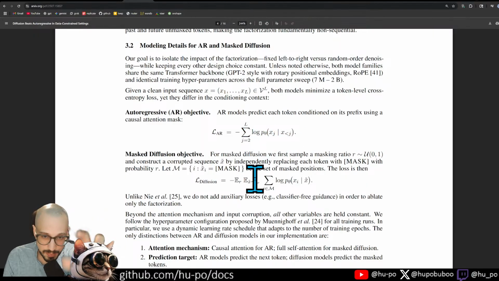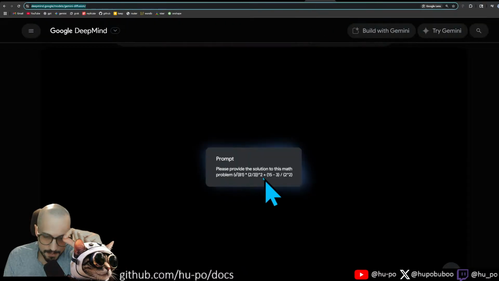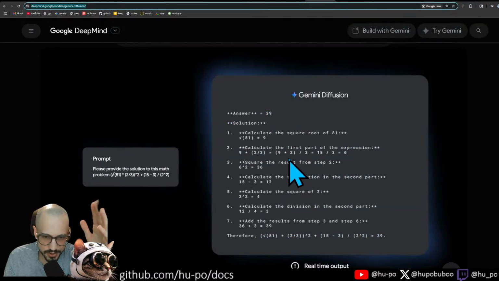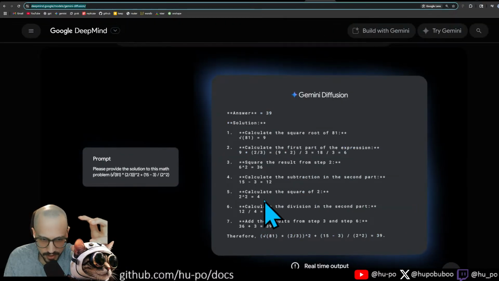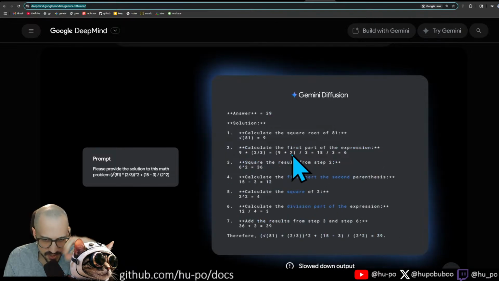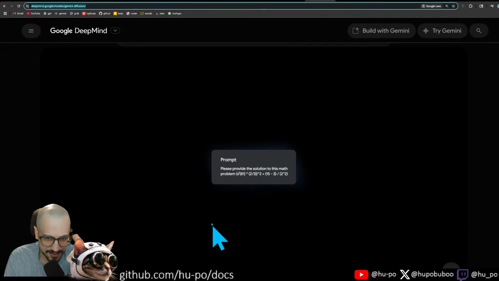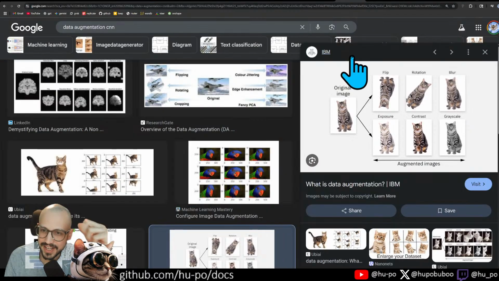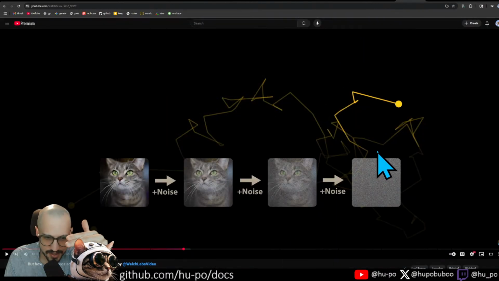What this paper is starting to suggest is that maybe diffusion models are just better, and maybe we can actually start using diffusion models to generate text. And why do diffusion models work well in images? Well, why would you need a notion of time and sequential bias when generating an image? That seems kind of stupid.